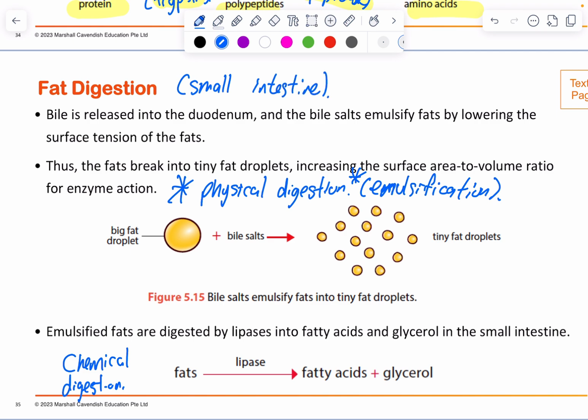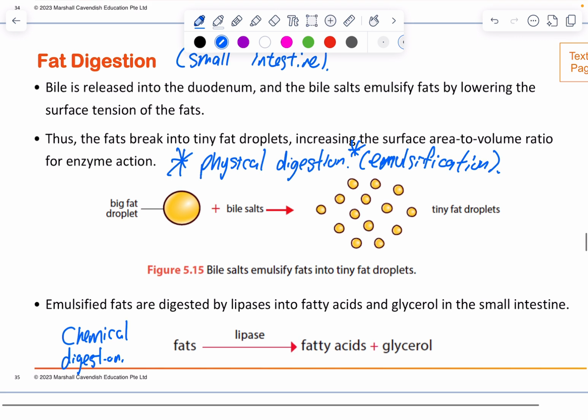Chemical digestion can occur with or without emulsification. That means if a patient undergoes surgery to remove the gallbladder, fat can still be digested because lipase is present. It's just that it won't be so efficient.